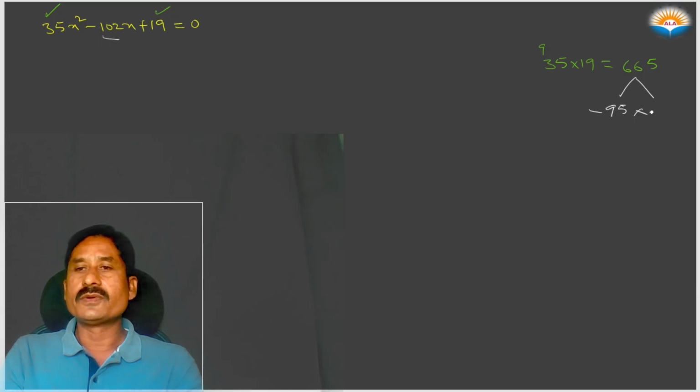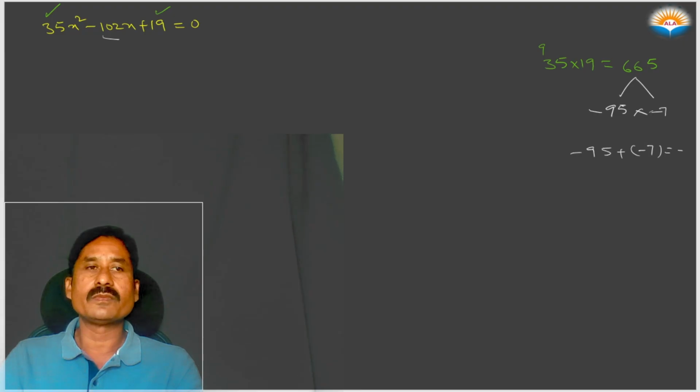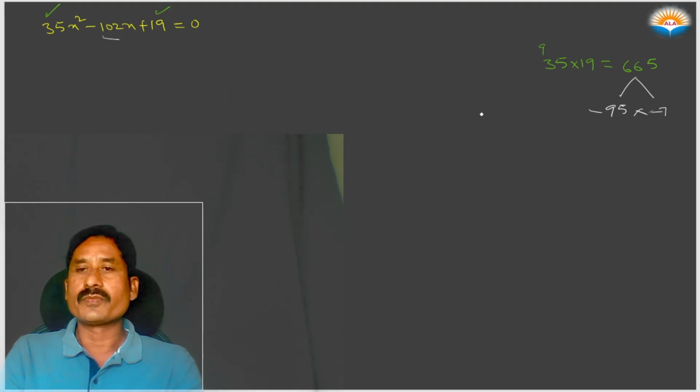Minus 95 into minus 7, that is 665. Minus 95 plus minus 7 is equal to minus 102.